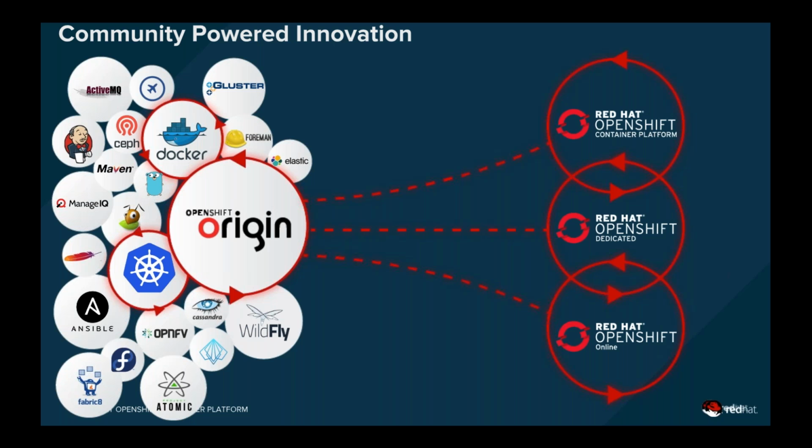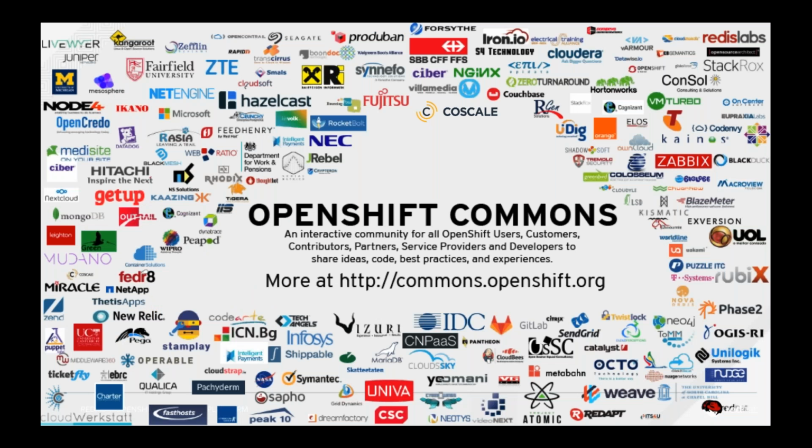We also have an open user group called OpenShift Commons. We have many hundreds of companies that have joined OpenShift Commons. It's free to join. It's a really good resource for sharing information with other users of OpenShift and looking at how they're using OpenShift.